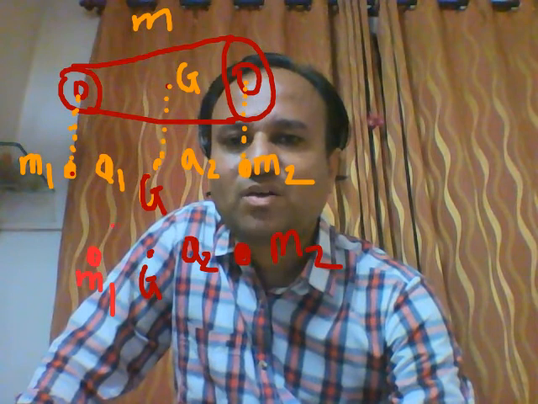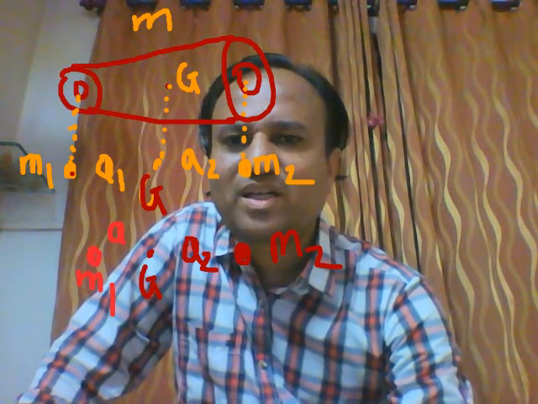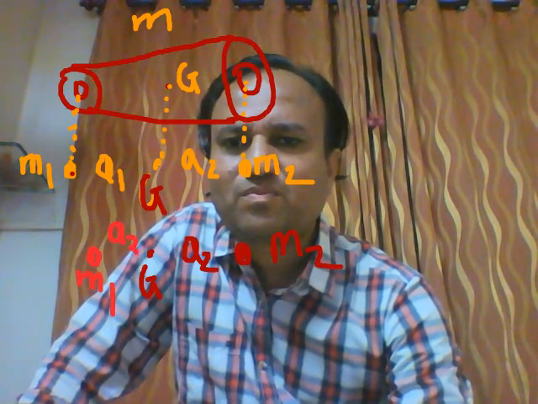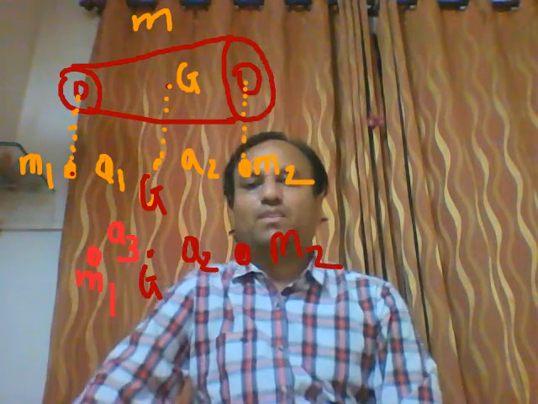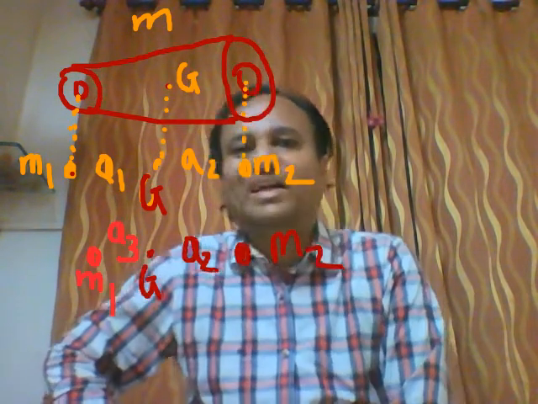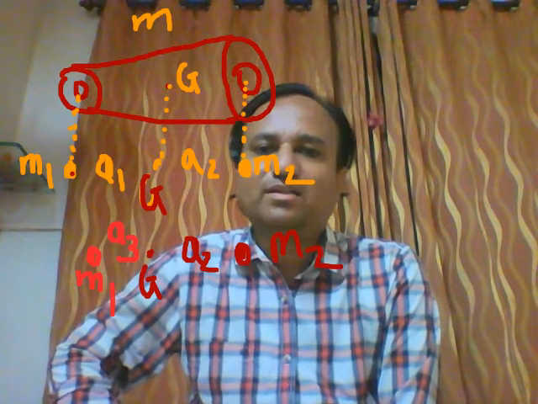Suppose I will consider here A3. So here A3 is lesser than A1. A1 is greater than A3.